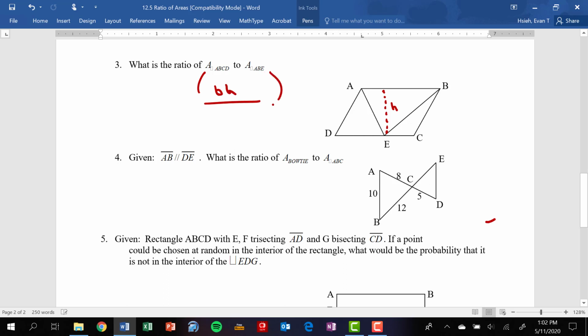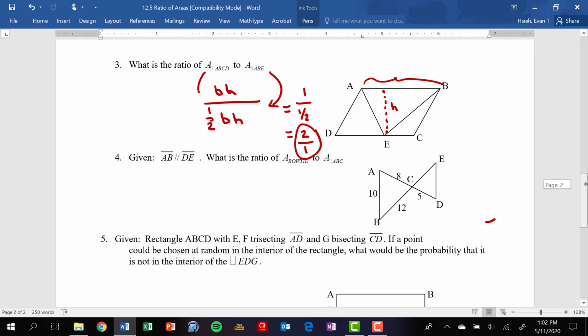And for this guy, it'll be 1/2. And the base for this triangle is going to be the same as the base for the parallelogram. And the height's going to be the same. And so what we're looking at here is 1 over 1/2, or 2 over 1 would be the ratio.